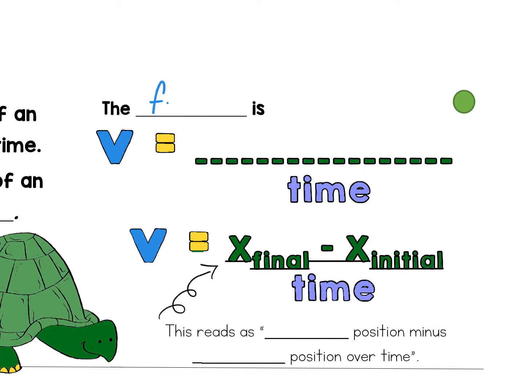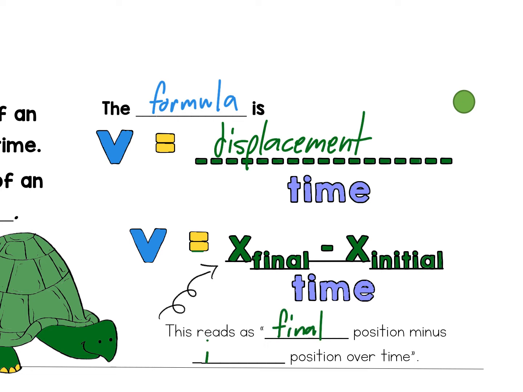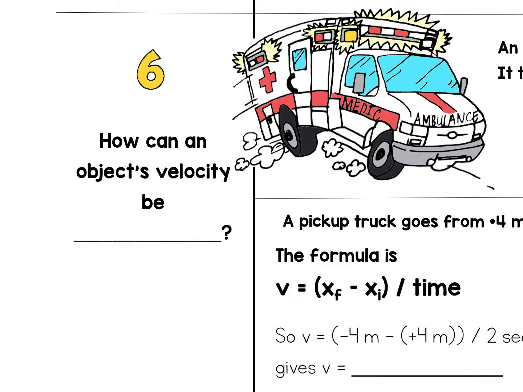The formula for velocity is displacement over time. In order to calculate this, we will need to take the final position minus the initial position and divide by time.